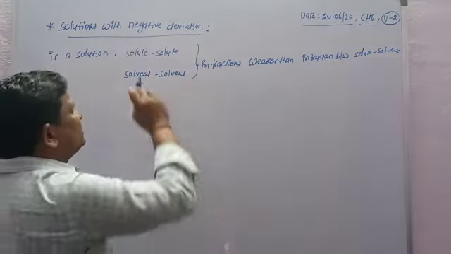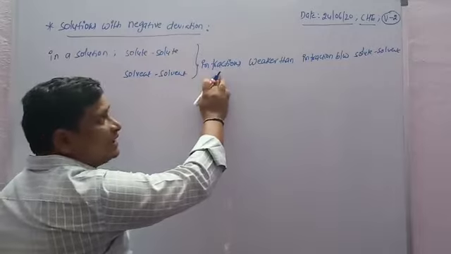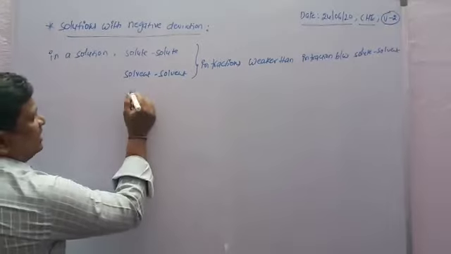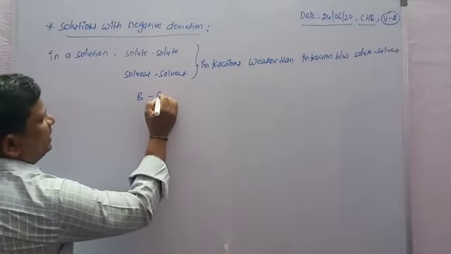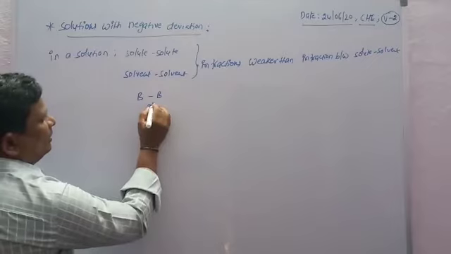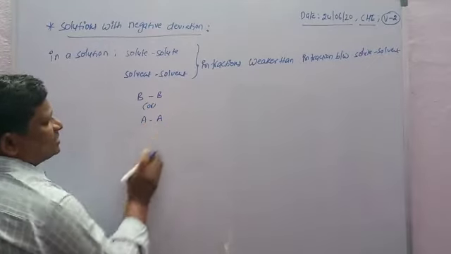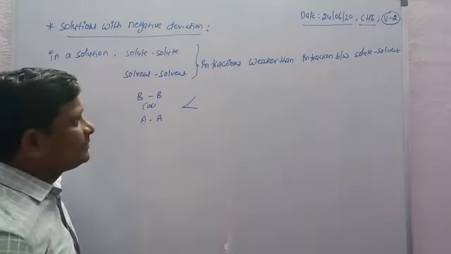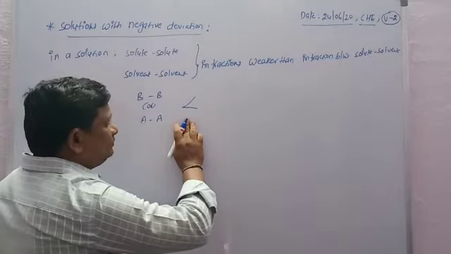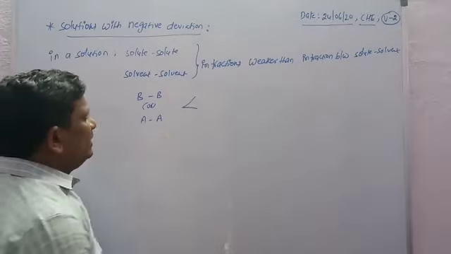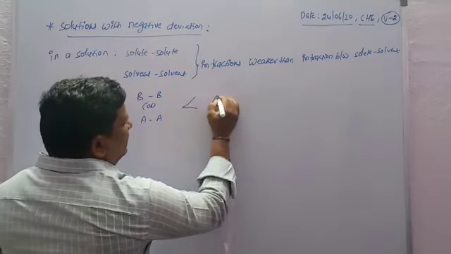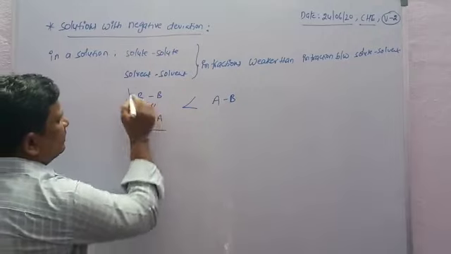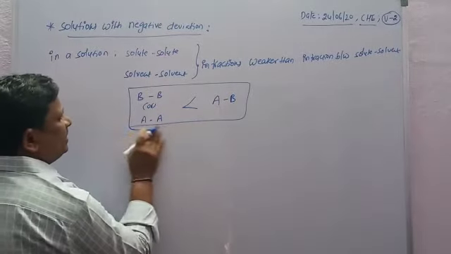But in positive deviation, solute-solvent interactions are weaker than the interactions between solute-solute and solvent-solvent. For example, BB interactions are the same as AA interactions. AA interactions are weaker than, meaning less than, AB interactions.